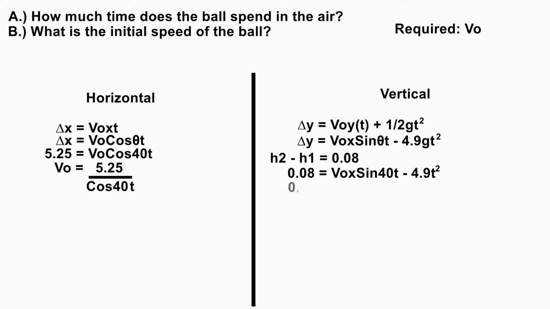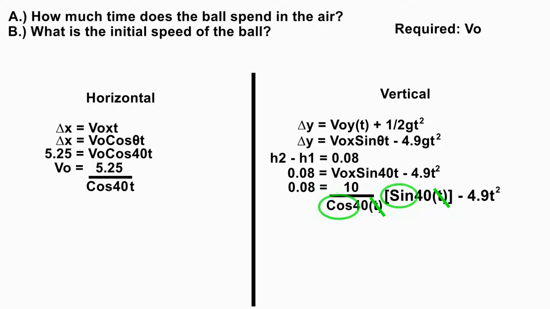We got 0.08 is equal to 5.25 divided by cosine 40 times time, times sine 40 times time, minus 4.9 times time squared. As you can see, the time cancels out, and as you observe, there is a trigonometric identity, the sine over cosine. After this, we use the tangent because it is the identity of sine over cosine.